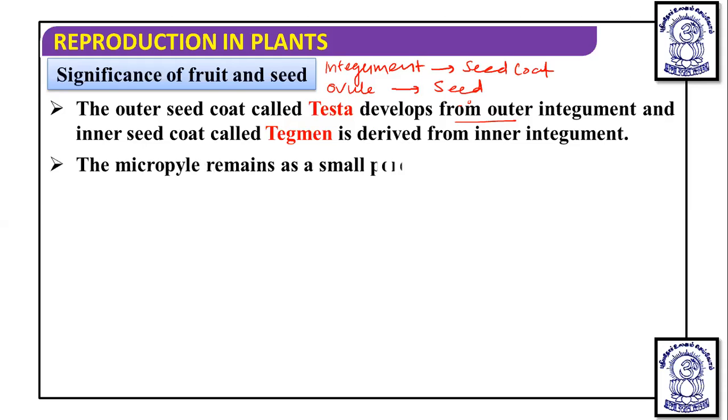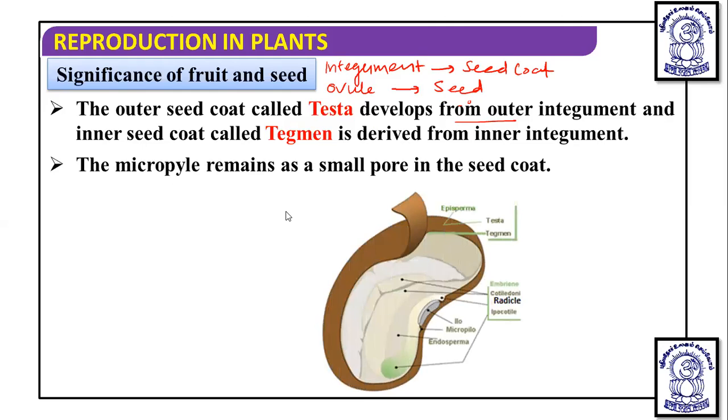Next to that, we come to know that the micropyle remains as a small pore in the seed coat which facilitates the entry of oxygen and water. You can see this detailed diagram here. These are the testa and tegmen.